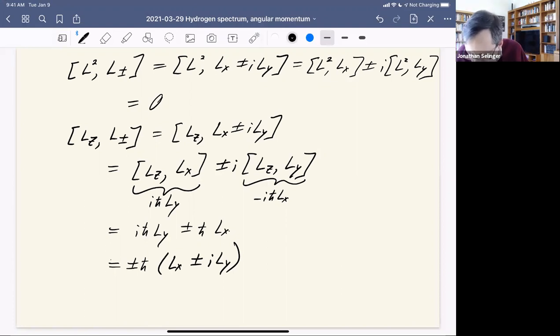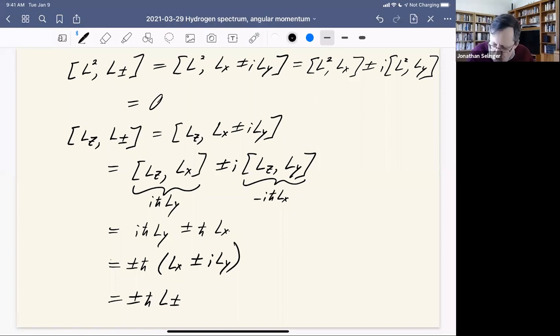You can see if I have the top signs, it's plus times plus I Ly, and that agrees with what's over here. And the minus times minus makes a plus, and that agrees with what's over there. Much relieved. So this is equal to plus or minus H bar times L plus or minus itself.